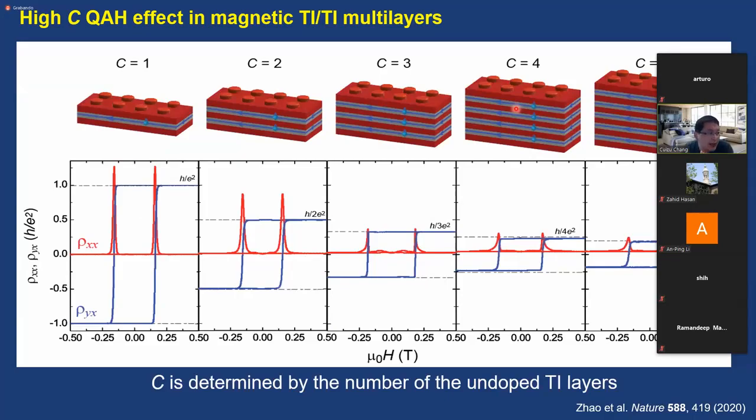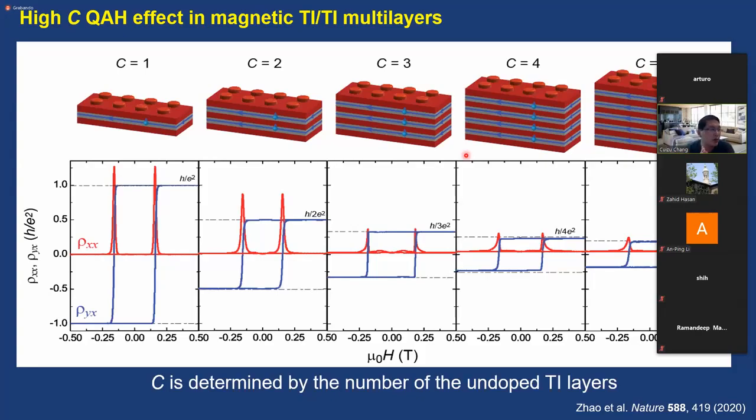We systematically fabricated magnetic TI and TI multilayer samples with periods from 1 to 5, and found that the Hall resistance of these 5 samples is h over e squared, h over 2e squared, h over 3e squared, h over 4e squared, and h over 5e squared, while the longitudinal resistance is vanishing at zero magnetic field. This observation indicates the realization of quantum anomalous Hall insulators with Chern numbers from 1 to 5 in these 5 samples. And actually, we can further increase the number of periods.